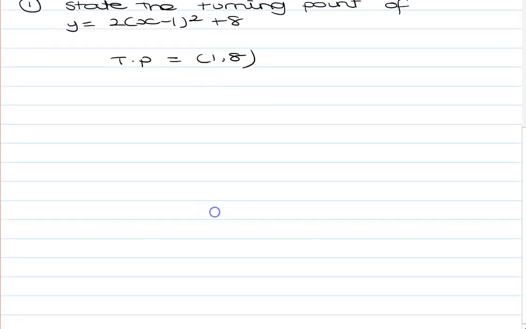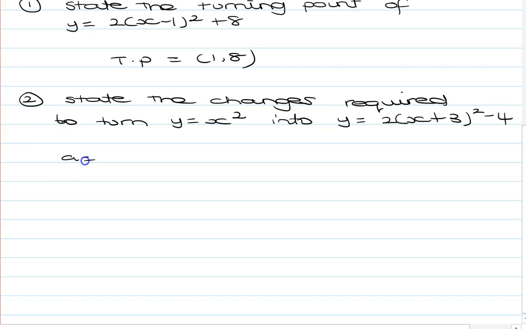Let's do a second example and look at some of the changes that have been made. State the changes required to turn y equals x squared into y equals 2(x plus 3) squared minus 4. Let's write down that a equals 2. That tells us this is a dilation factor of 2, so the graph is thinner. h is negative 3, so the graph has moved 3 units to the left, and k is negative 4, so the graph has moved down by 4 units.